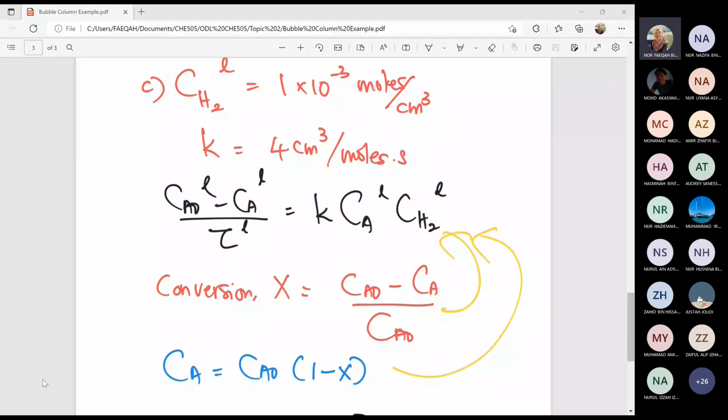So yang ni pun sama. Okay, kalau model CSTR sama juga A over V 4 pi r square per 4 over 3 pi r cube.